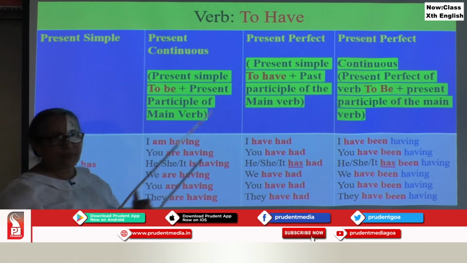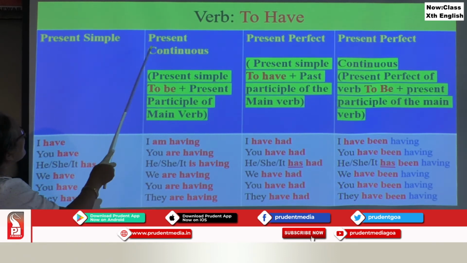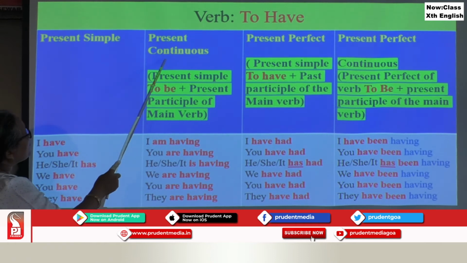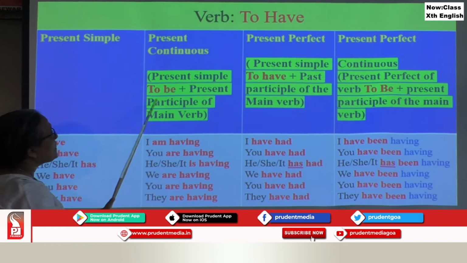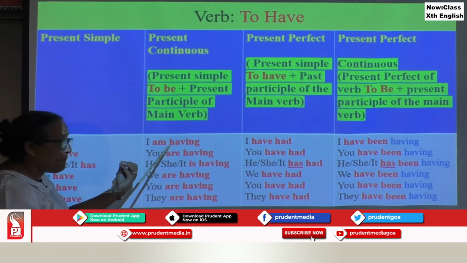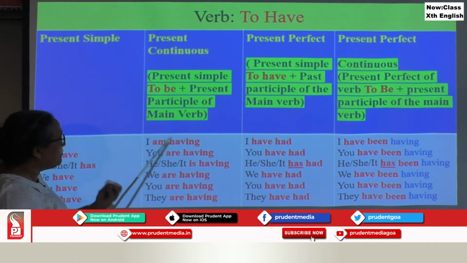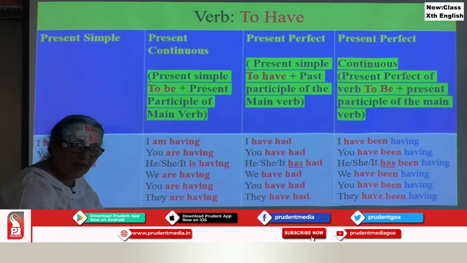Now connect it with the future. Future will be like this. Present continuous, past continuous, now future continuous. Future simple of the verb to be is I shall be plus ing form, I shall be having, you will be having.